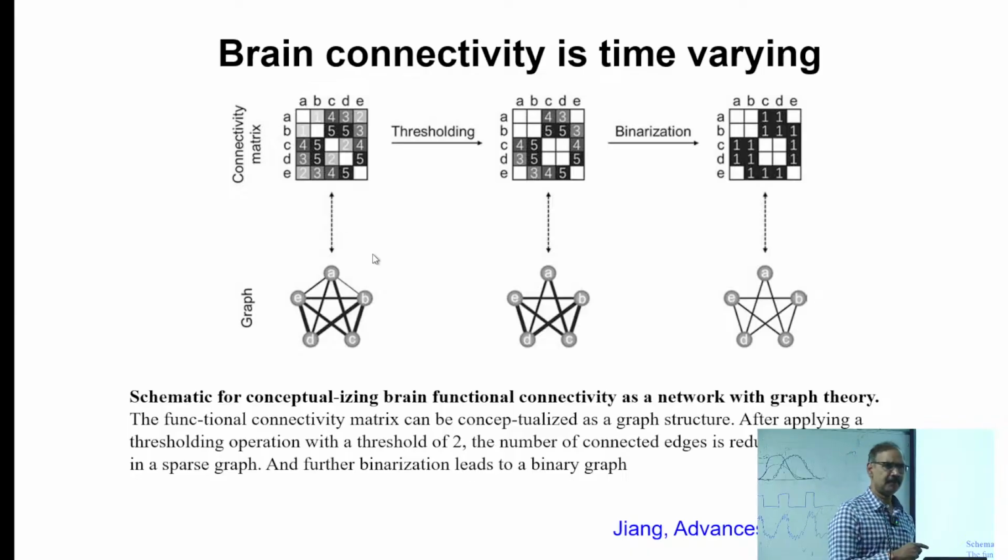I should say that this approach is used in fMRI, but we have to make a slight change, right? Can anyone tell what that change has to be? I will give you a hint.